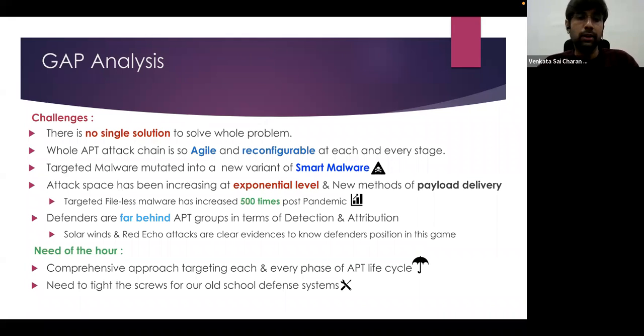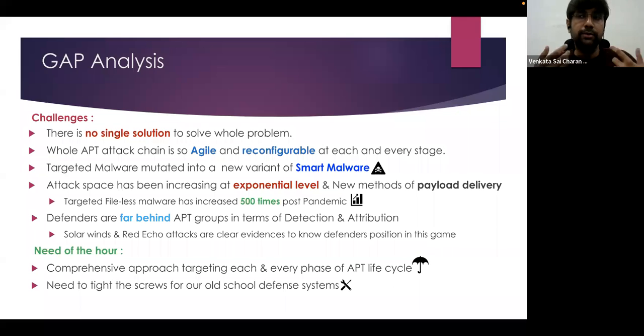Recent attacks on SolarWinds and Microsoft, and the Red Echo attacks on the Indian power sector, are clear evidence of the defender's and attacker's positions in this particular game. From these challenges, we can say we need a comprehensive solution targeting each and every life cycle phase of APT.